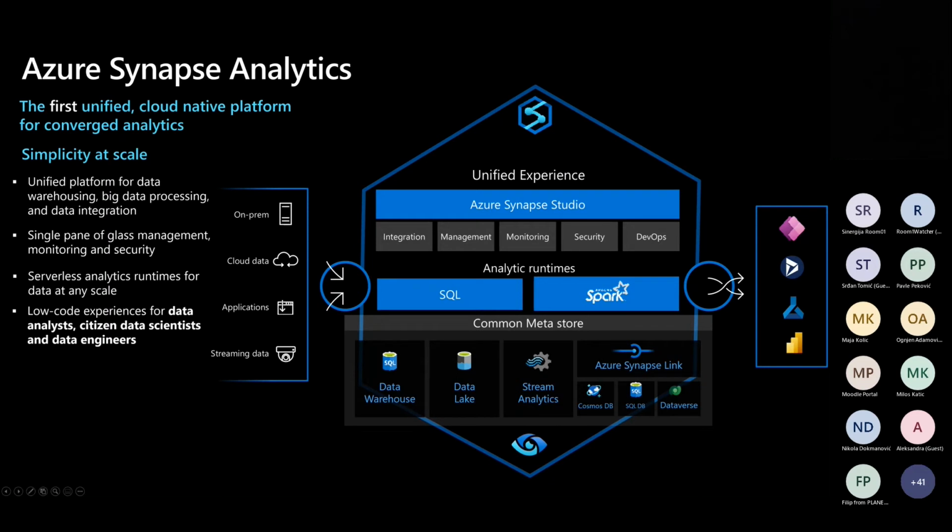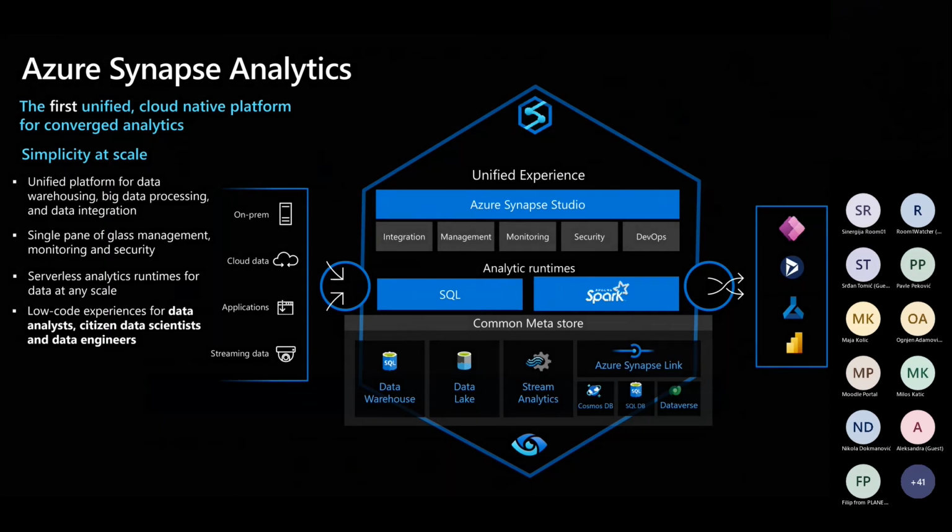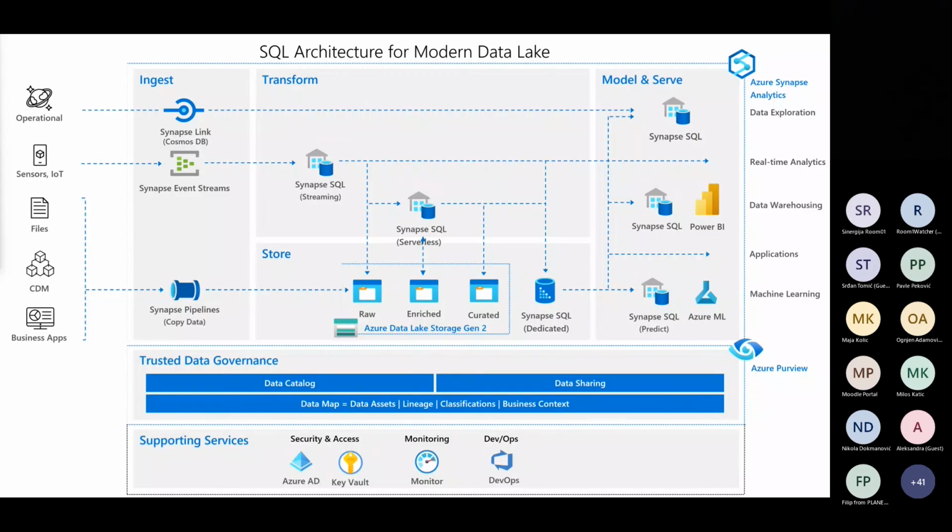When we map this to a physical layer, this is what your common modern data warehouse, modern data lake or lake house architecture looks like, where you have data coming from different sources, being ingested into your data warehouse or data lake house platform.